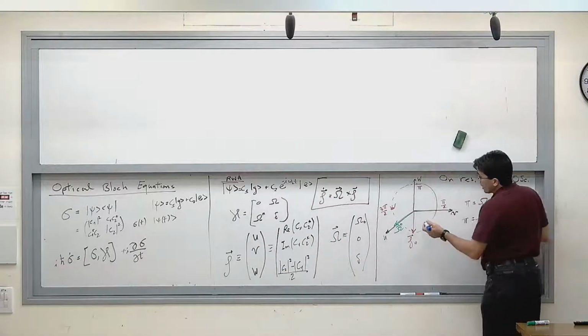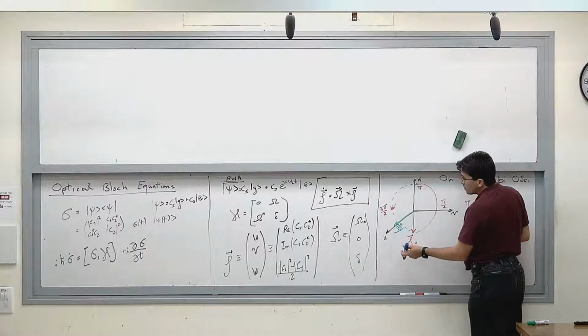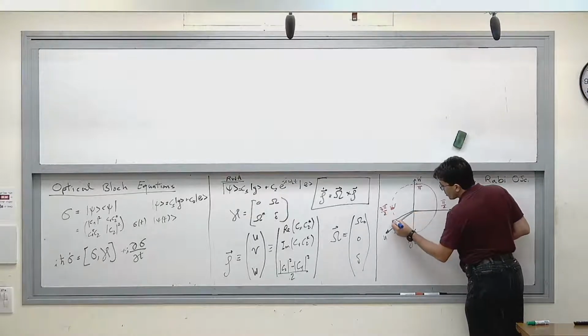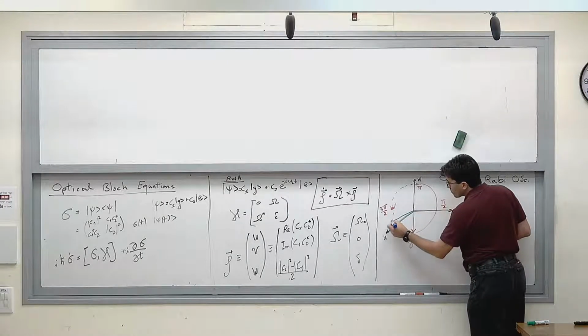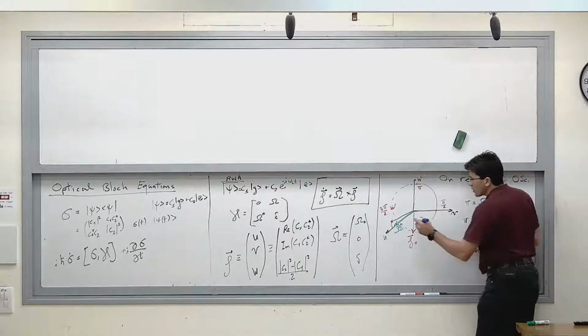If we're off resonance, then that means that omega is not pointing exactly in the u direction, but it actually is pointing a little bit up or down. So maybe let's do it like this. And this is here, and this is delta.